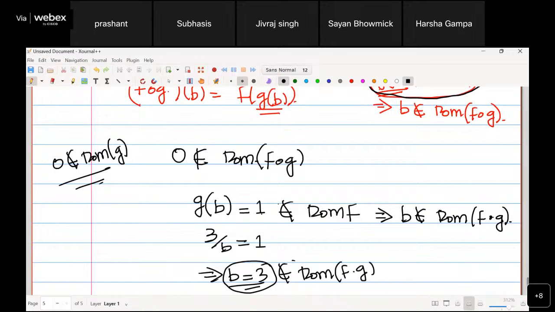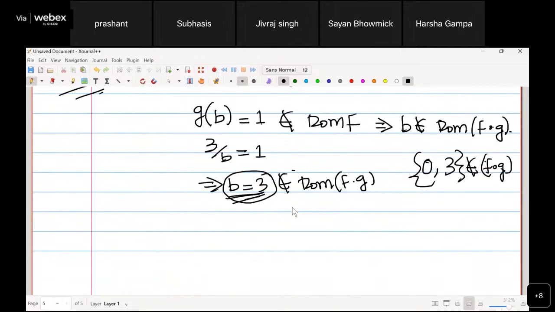From the initial argument, we got 0 can't be in the domain, and from the second argument we got b equal to 3. That means only 0 and 3 can't be in the domain of f compose g, so the domain of f compose g is R minus {0, 3}.